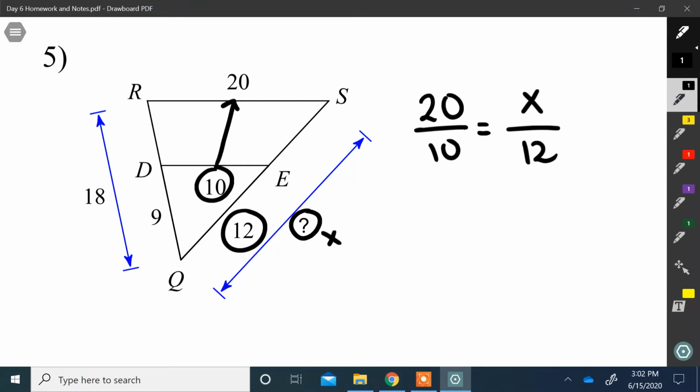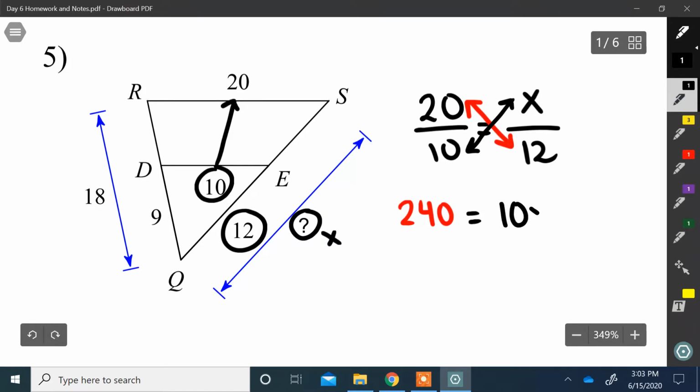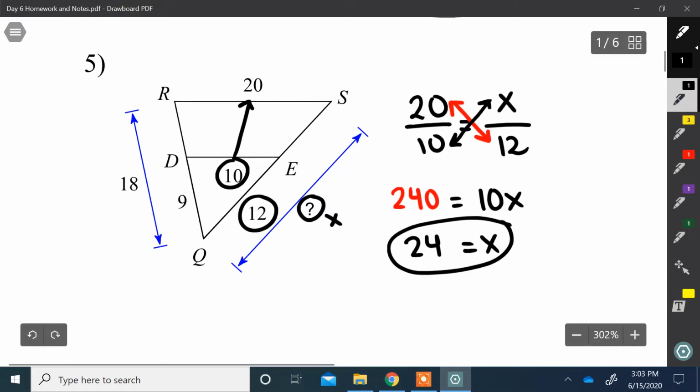Okay, let's cross multiply. What I mean by cross multiply, you multiply those two together, you get 20 times 12 is 240. I do realize I am doing it a little bit different than I did it on the other lesson, but I think this way works just fine. Divide by 10, and you can see that the answer for this one will be 24.